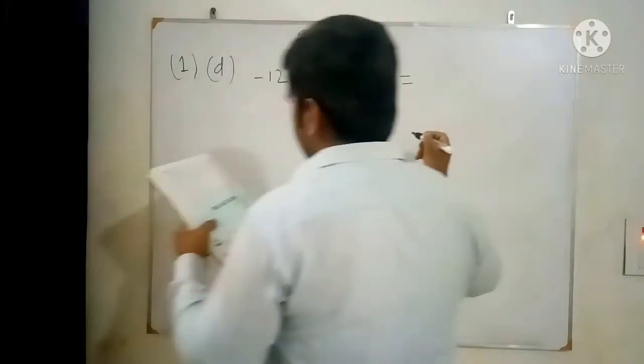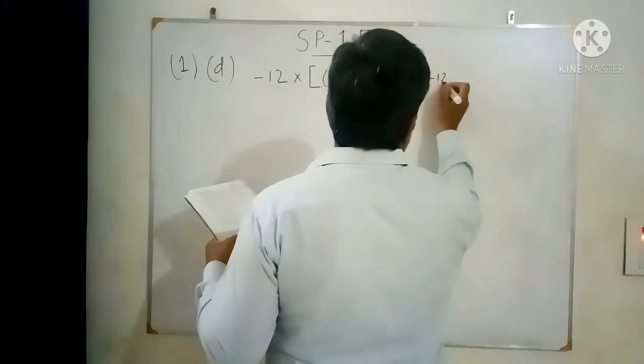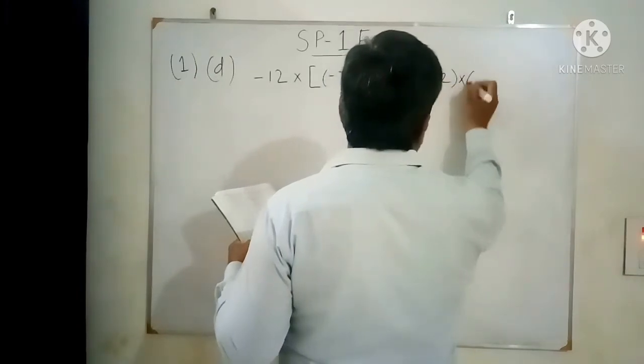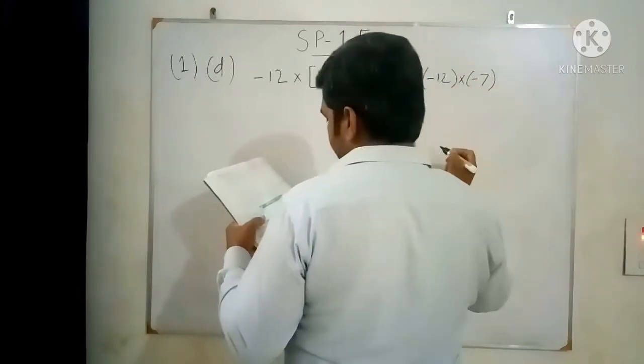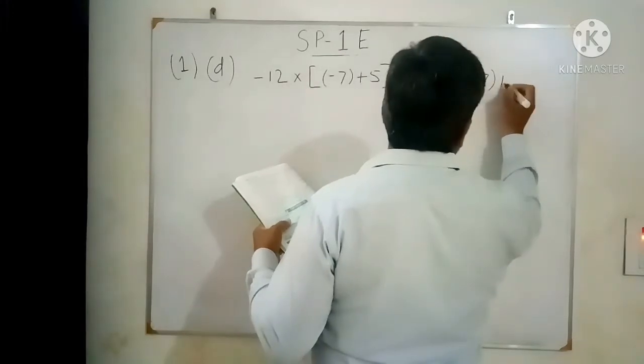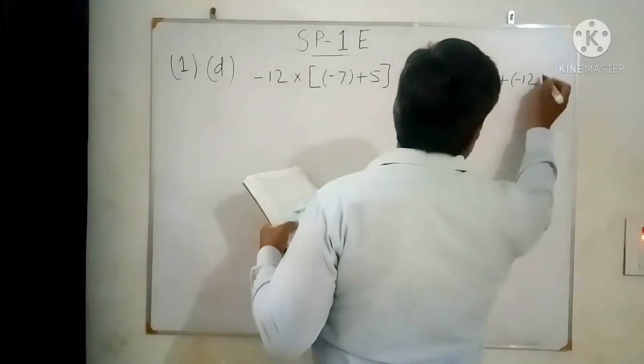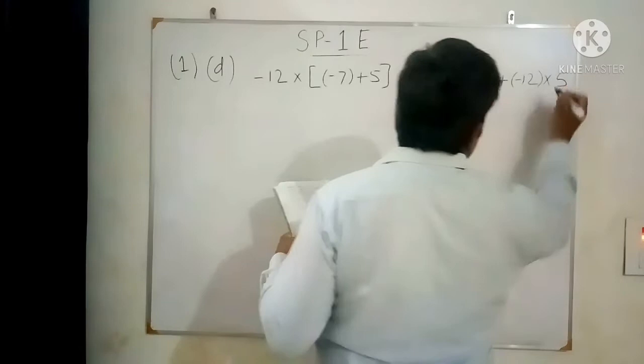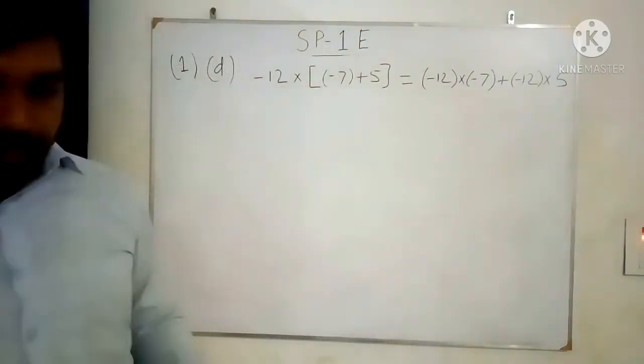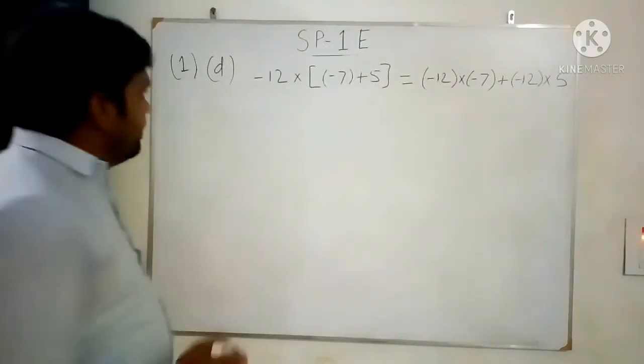You see minus 12 multiply minus 7, plus minus 12 multiply 5. Okay, now see which property is used in this.